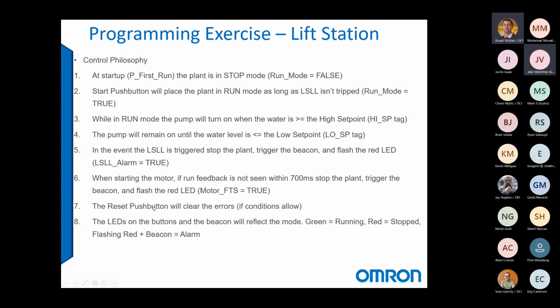The reset pushbutton will clear the errors. We've been doing this on the fly, which is correct. That's done. Now the LEDs on the button and the beacon will reflect the mode. This is something we haven't done. When our plant is operational, our green LED is running. When it's stopped, our red LED is solid. And when it's in alarm, our red LED and the beacon are on, the LED is flashing, which we have.